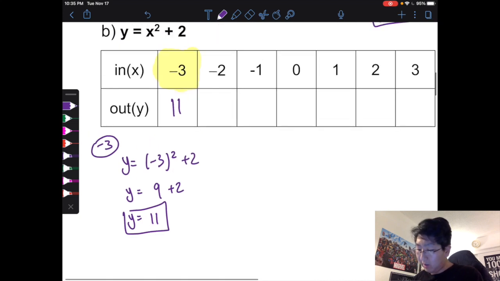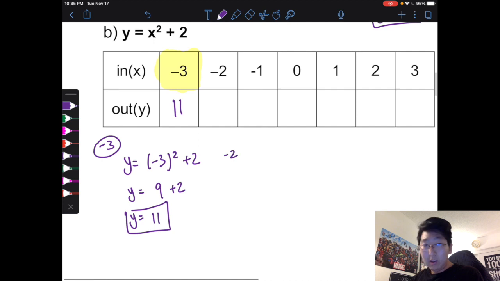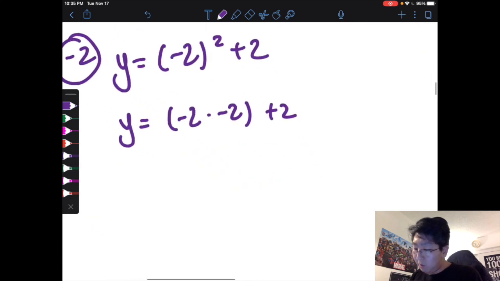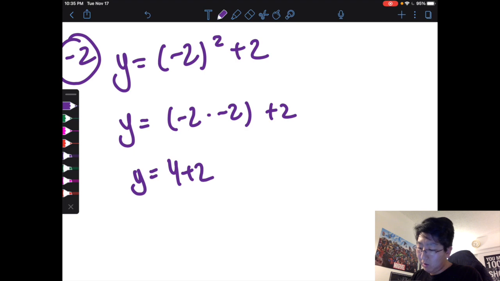Let's go ahead and solve for -2 now. Y equals -2 squared plus 2. Remember, -2 squared is the same thing as -2 times -2, right? A negative times a negative is a positive. 2 times 2 is 4. So y equals 4 plus 2.